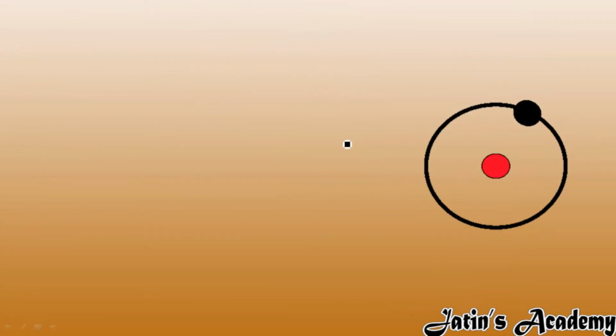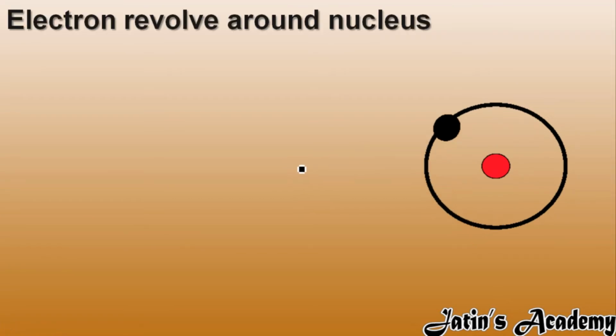Next, we have to see some examples related to this. We know that for a uniform circular motion, centripetal force is required. Now we will take some examples of uniform circular motion and see which centripetal force is acting on the body. For example, an electron is revolving around the nucleus.